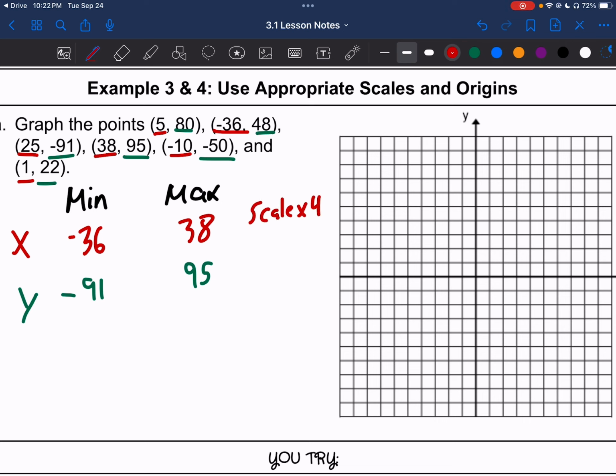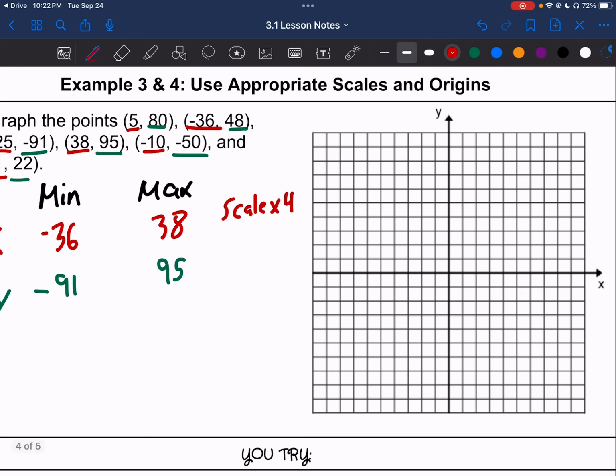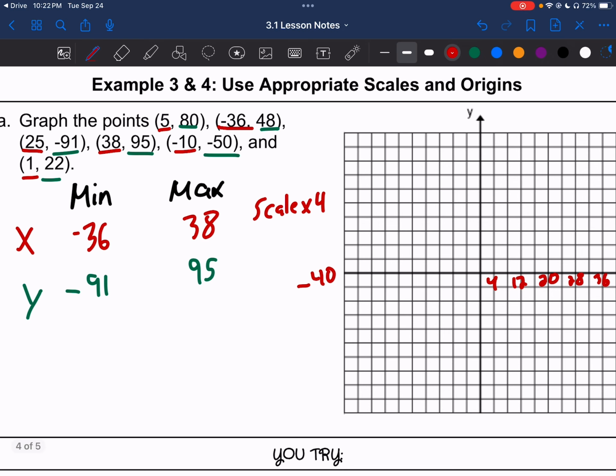So if we go every 4, so each grid is 4, we're going to have 4, 8, 12, 16, 20, 24, 28, 32, 36, 40, right? So we're going up, and we have 40 at the high end, we'll have negative 40 at the low end.